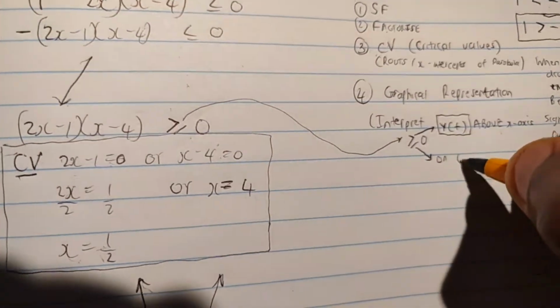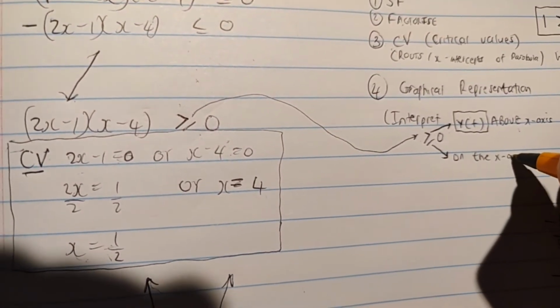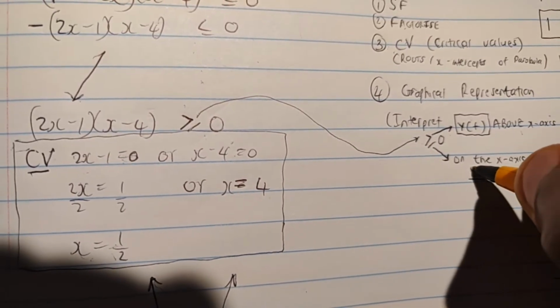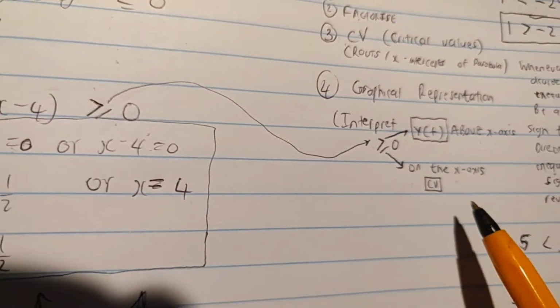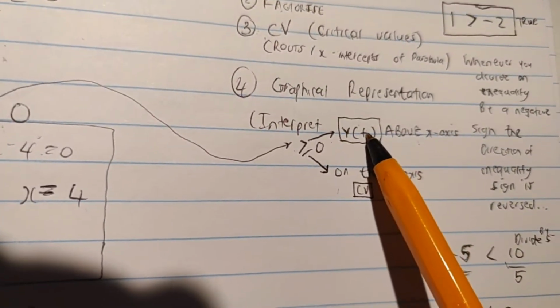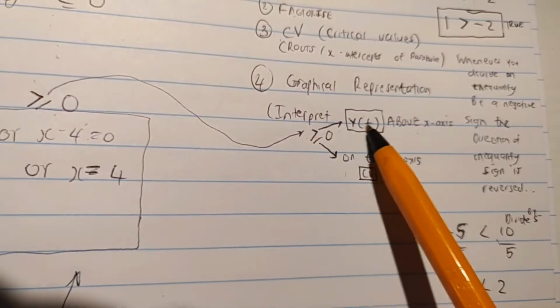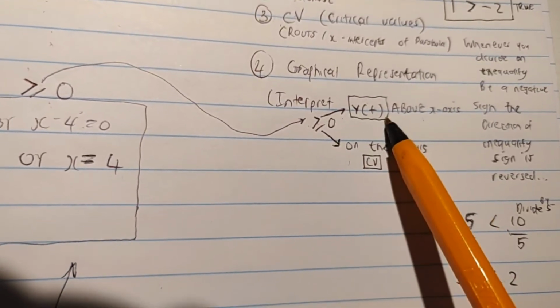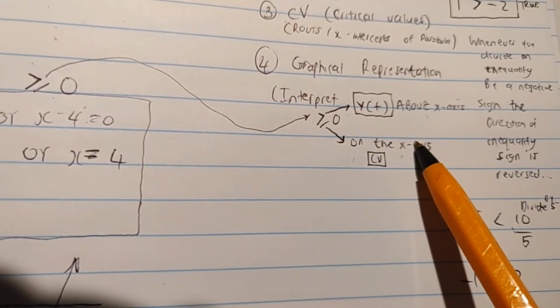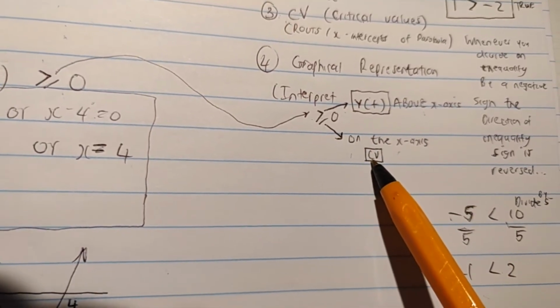It means on the x-axis, where the critical values are. Okay, so you're looking at two things here. Greater than 0 means above the x-axis. That's where y is positive. Equal to 0 means on the x-axis. It's on the critical values.